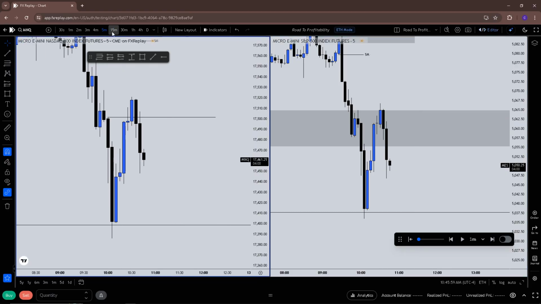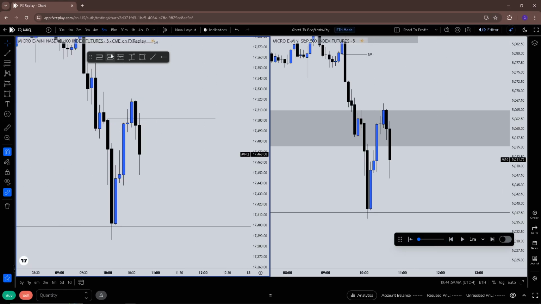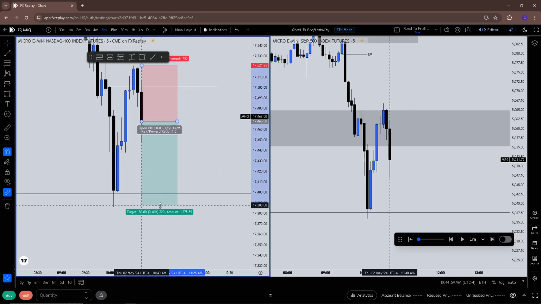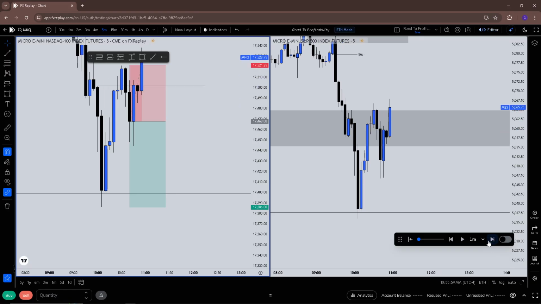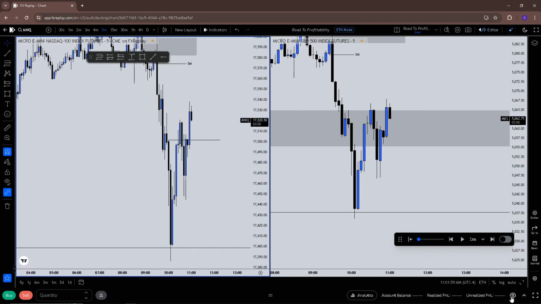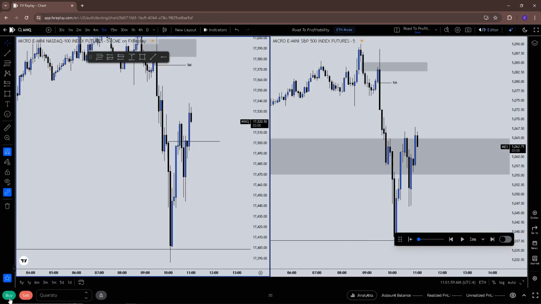You get a 5-minute inversion. I already took a win, so I'm not trading this, but this is a great trade as well. Didn't play out. Wow.